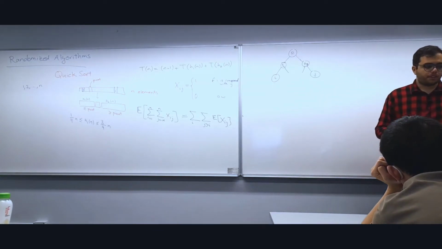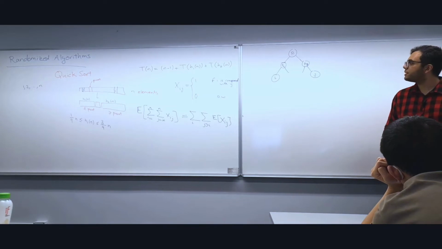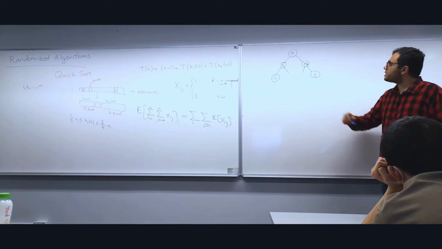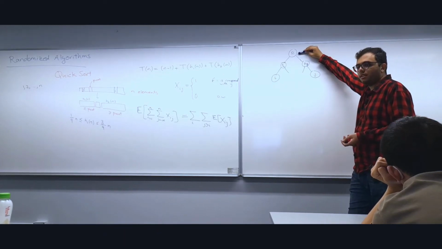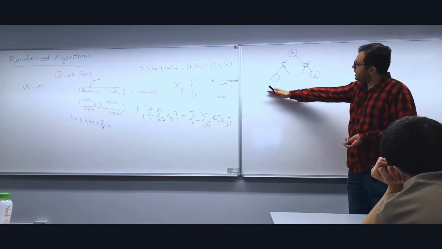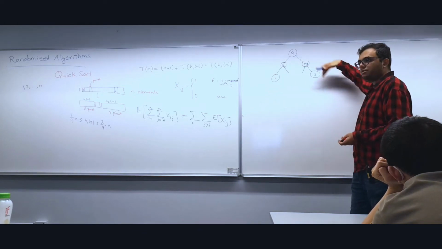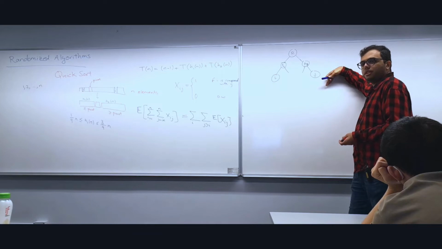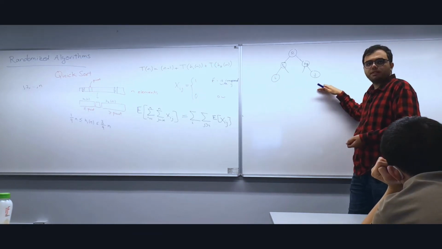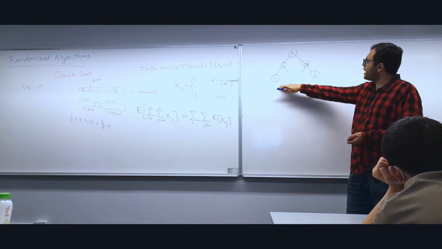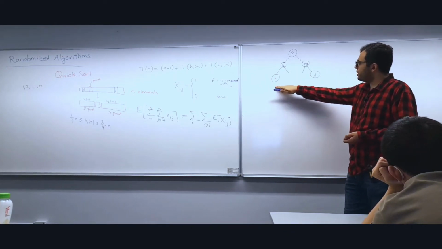Then would I ever compare i and j? No. Why? Because I chose P1 as my pivot and compared everything with P1. Then i went to the left subtree and j went to the right subtree. So I never compare anything from the left subtree to anything in the right subtree. So if I have a situation like this, I will never compare i and j.